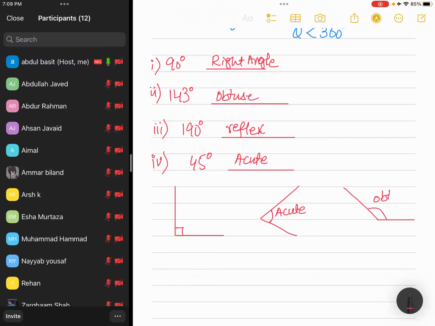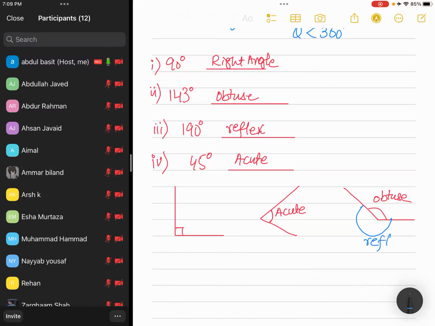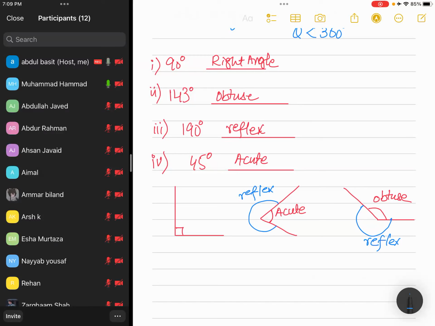And this lower angle would be the reflex one. Yes or no? Yes, sir.